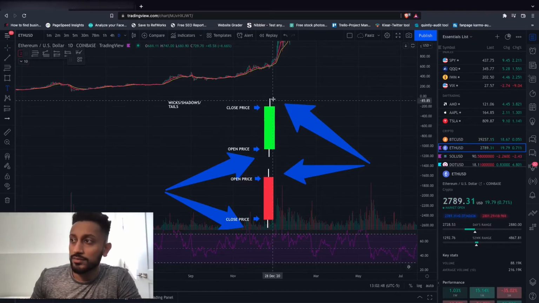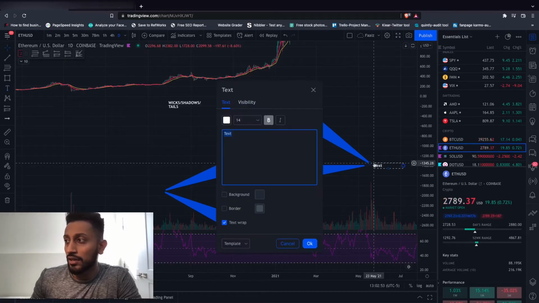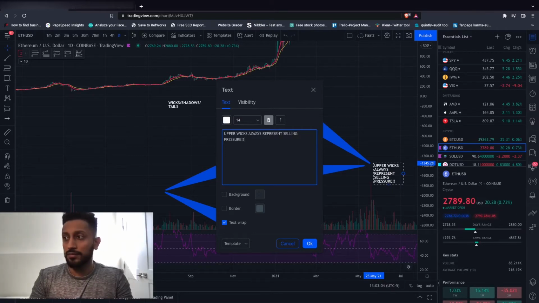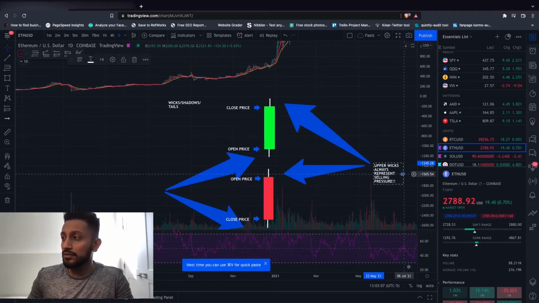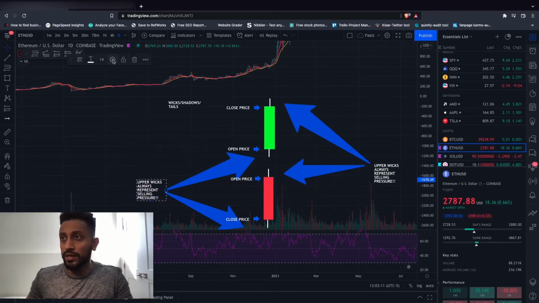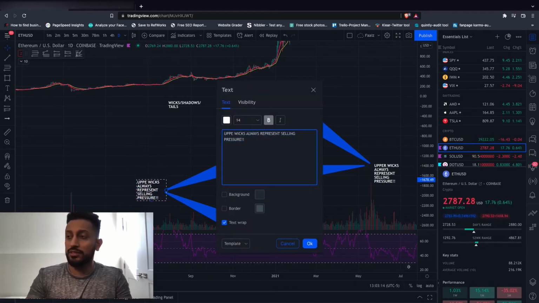So the upper wick, this one right here, and this one right here on this candle. Upper wicks always represent selling pressure. Similarly, lower wicks represent buying pressure.